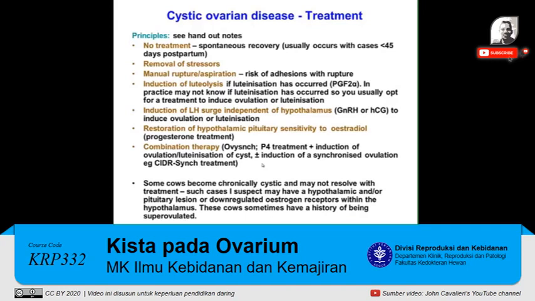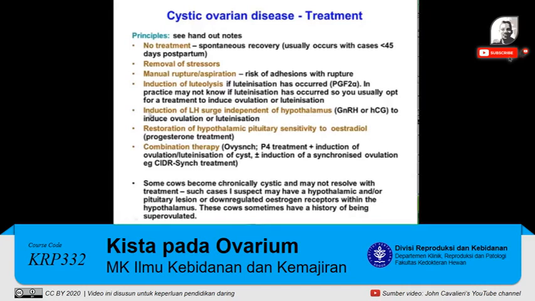And this may or may not occur, particularly if the granulosa cells have degenerated and you've got a predominance of thecal cells, then these may lack prostaglandin receptors and you may not get a response to treatment with prostaglandin. In practice, you don't really know whether they're luteinized or not, so often we'll just treat them by inducing an LH surge and trying to luteinize them, even whether they're luteinized or not.